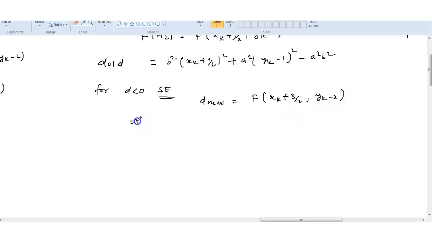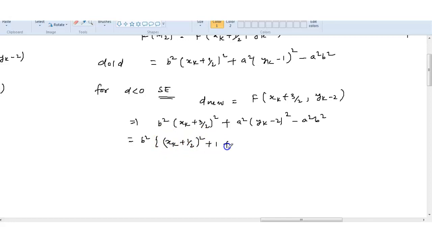If we substitute this in the equation of the ellipse, b square xk plus 3 by 2 whole square plus a square yk minus 2 whole square minus a square b square, we can write b square xk plus half whole square plus 1 plus 2 into xk plus half into 1, plus a square yk minus 1 whole square plus 1 minus 2 into yk minus 1, minus a square b square.